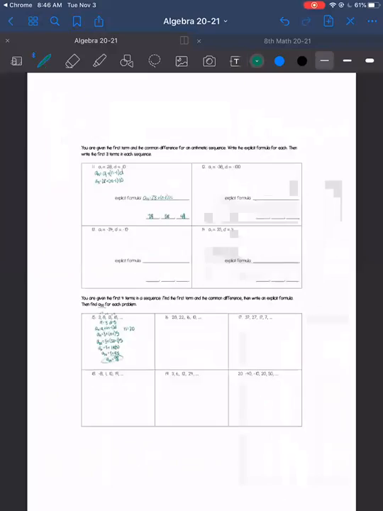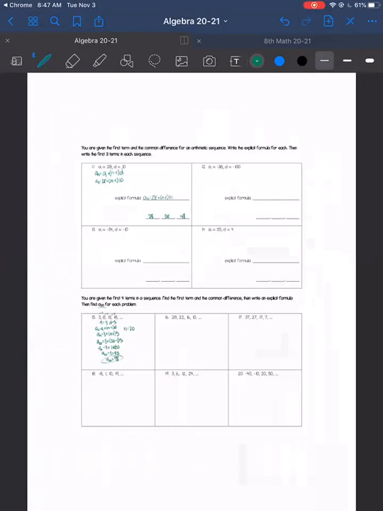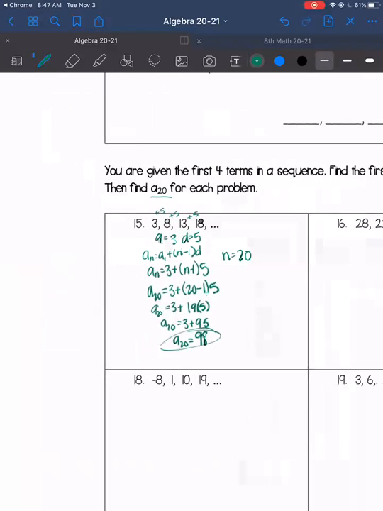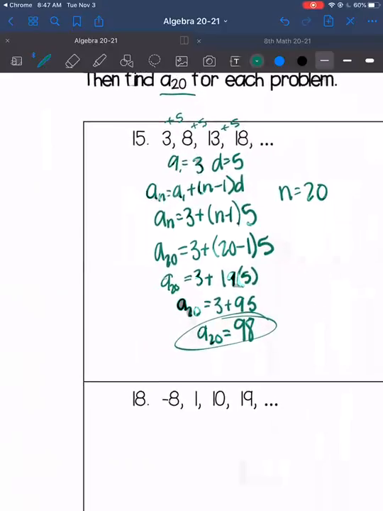Okay, is there another page? That's all of the practice problems. So, a question is how you can be asked on the test. They might give you A sub values, and you'll need to figure out what the common difference is.